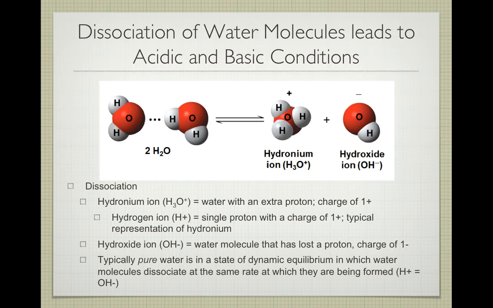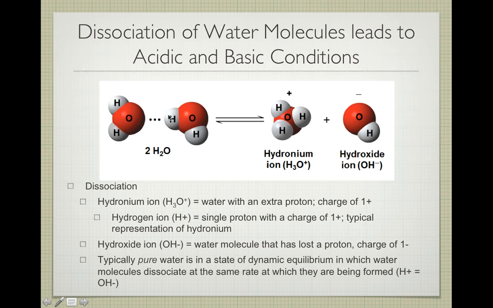So when we have water molecules in their liquid form, they're constantly dissociating and reassociating in solution. And that's all due to those hydrogen bonds. Here I'm taking a look at two water molecules. They're hydrogen bonding to each other.